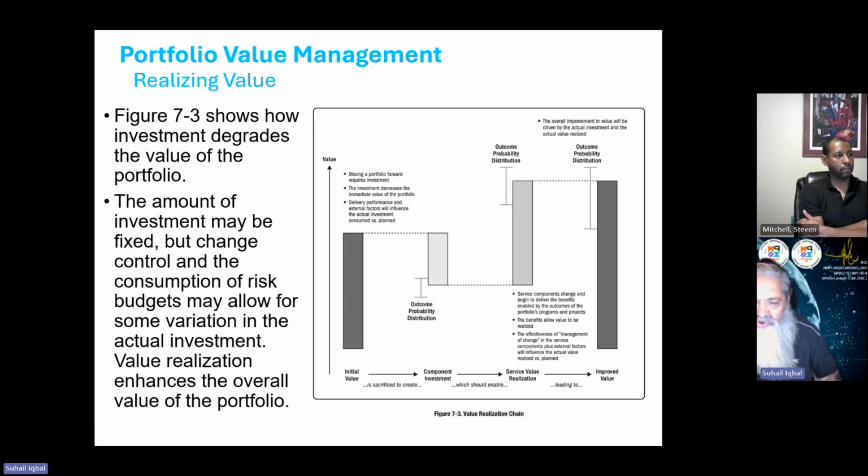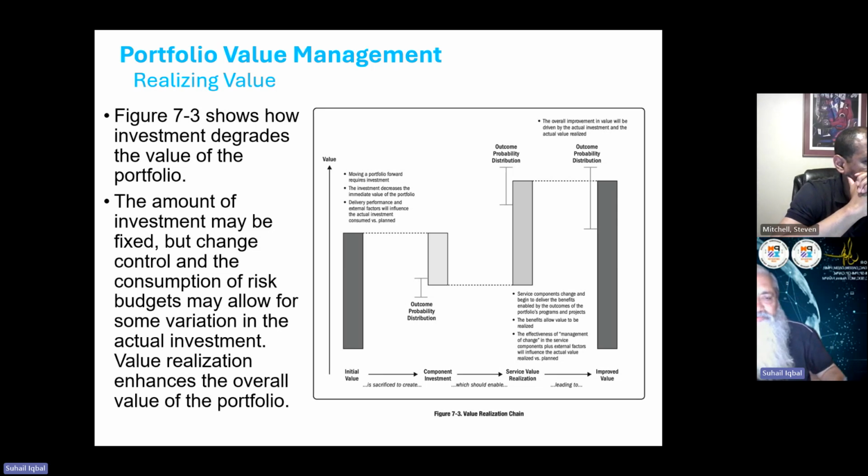This diagram shows us the value realization chain. Here, right from the initial to the improved value, these are the stages the values are going through. And this diagram shows how investment degrades the value of the portfolio.